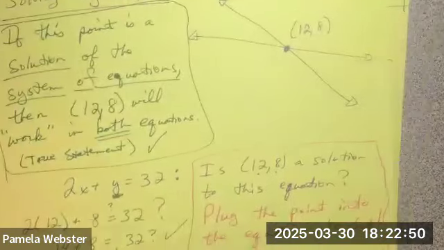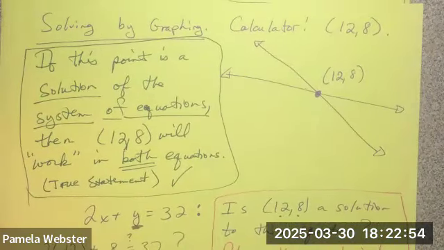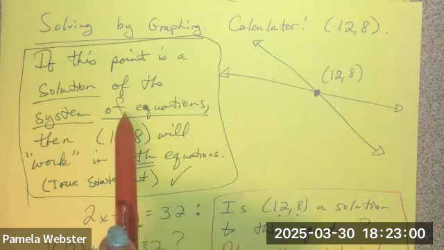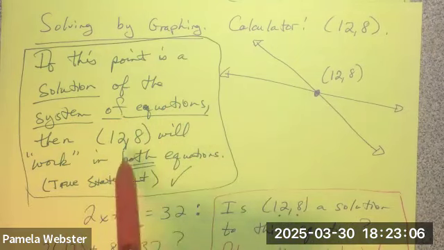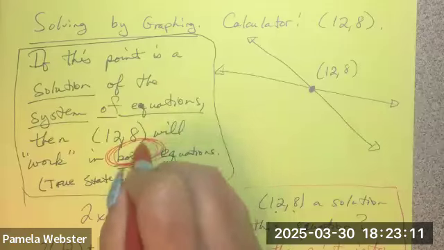So the question is, am I finished? No, Dr. Webster. Why not? If this point is a solution of the system of equations, I didn't say just one of the equations, I said the system, both of them, then (12, 8) will work in both of the equations.